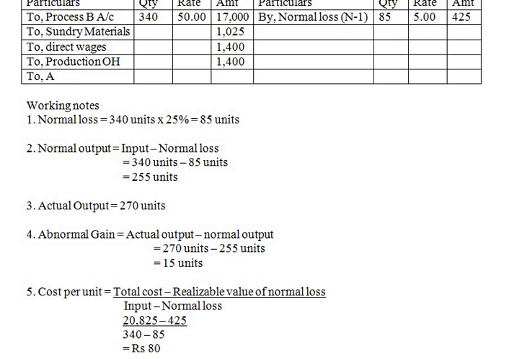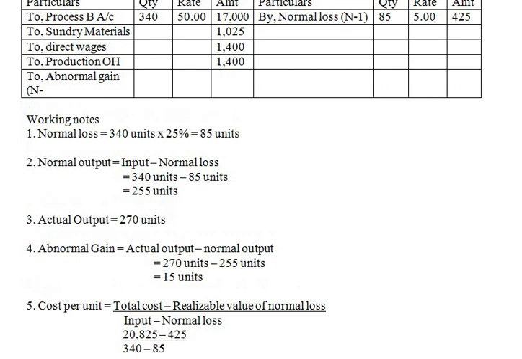To abnormal gain, in bracket you can write note number 4. Now units is 15, rate is 80, and the amount is 1,200.